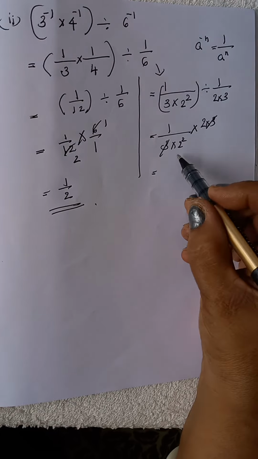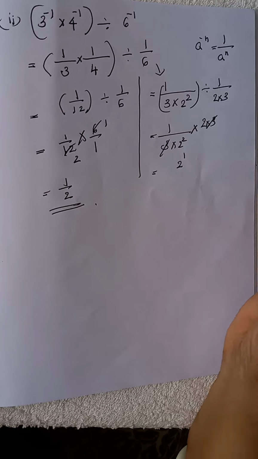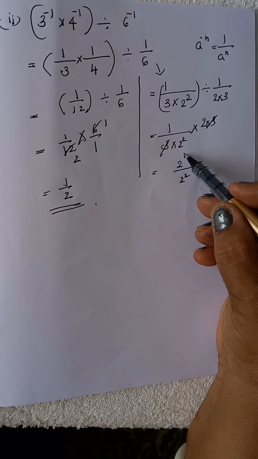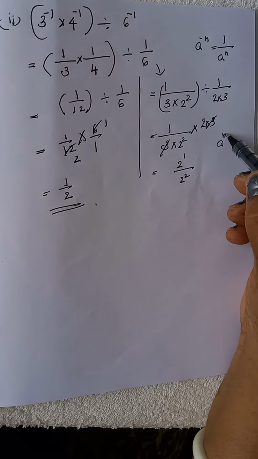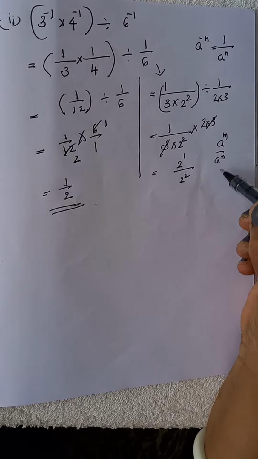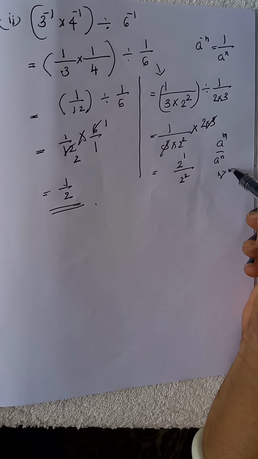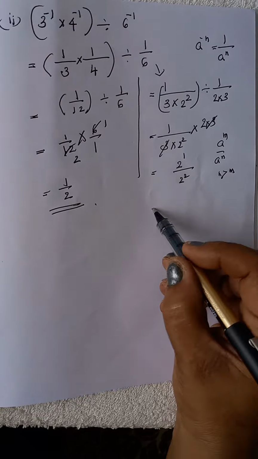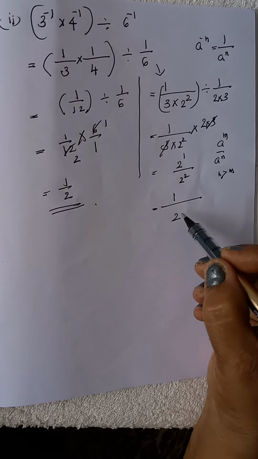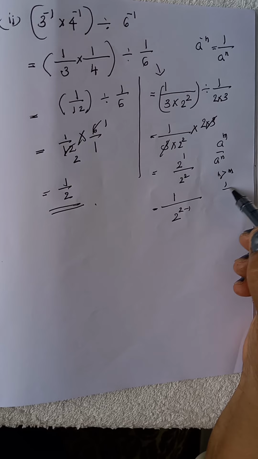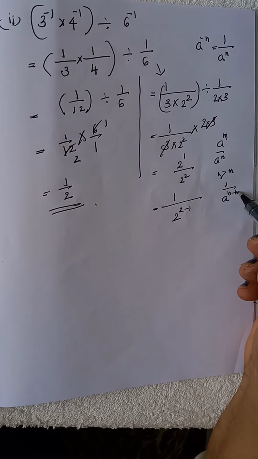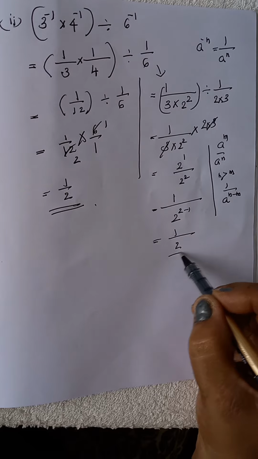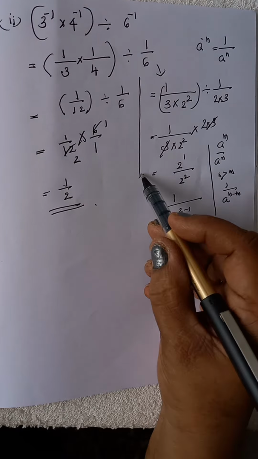Why 2 raised to 2? Here, a raised to m by a raised to n, n is greater than m. That is equal to 1 divided by a raised to n minus m, which is 1 divided by 2 raised to 2 minus 1. Applying that also you can do. That is equal to 1 by 2. The same answer you will get.